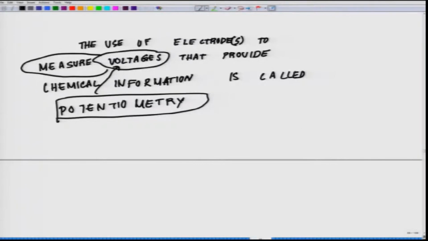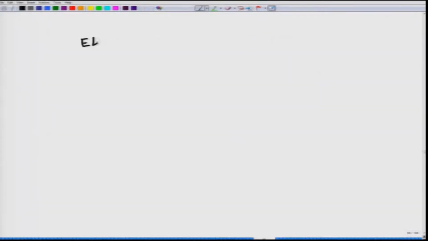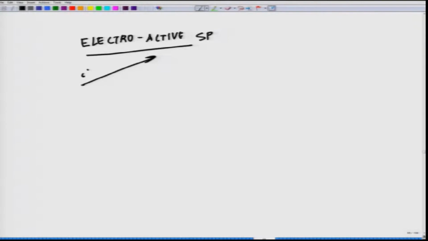In the simplest case, analyte is an electroactive species that is part of the galvanic cell. An electroactive species is one that can donate or accept electron. So, in the simplest case, an analyte is an electroactive species, okay, which essentially either can accept electron or donate an electron.